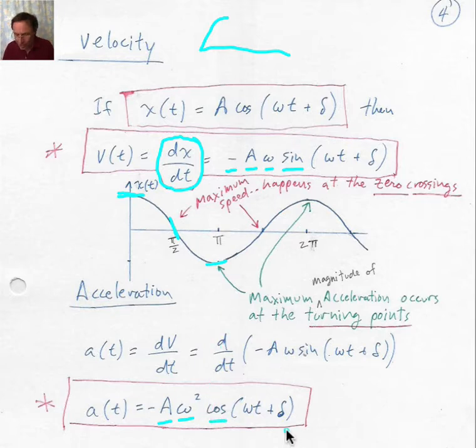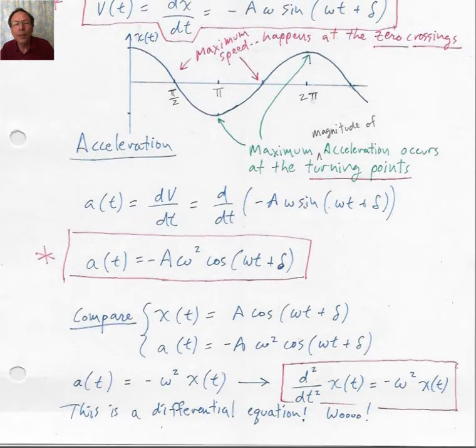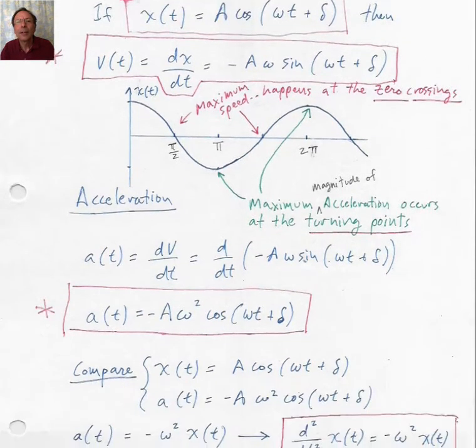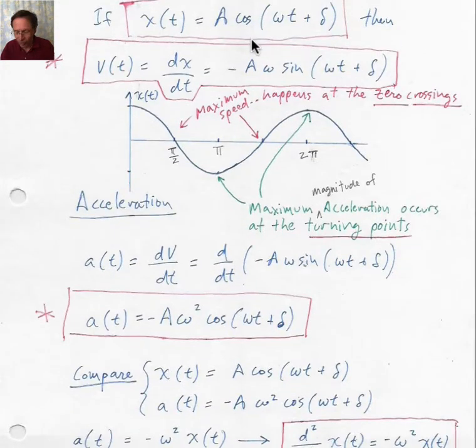Now that sets up something kind of interesting. Let's scroll down a bit here. You see, when you compare, let's see. Right? So we have almost the same thing here. We've got cosine omega t plus delta. Here we have cosine omega t plus delta.